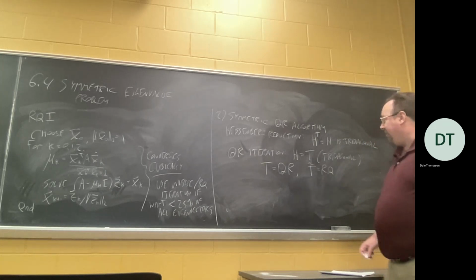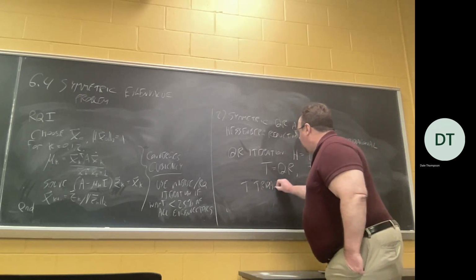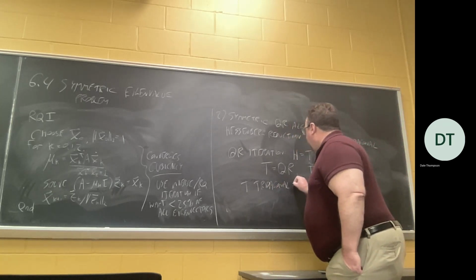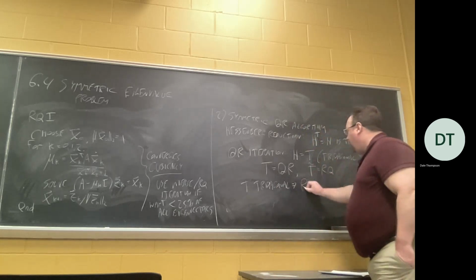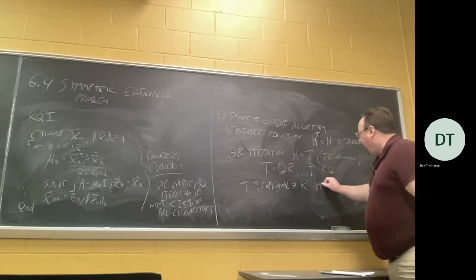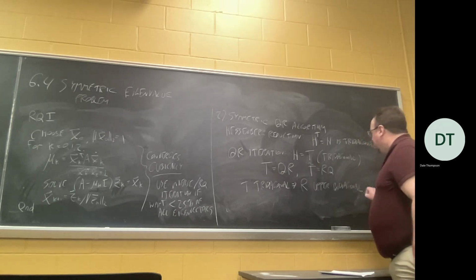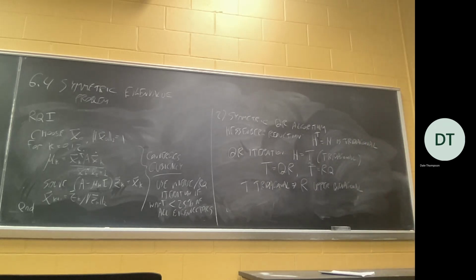So what ends up happening is, because T is tridiagonal, it's possible to show that R, which is known to be upper triangular, and we can say more than that, is upper bidiagonal. So it only has nonzero entries on the diagonal and the first superdiagonal.